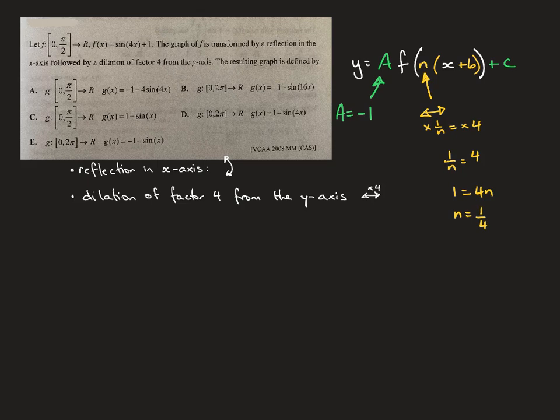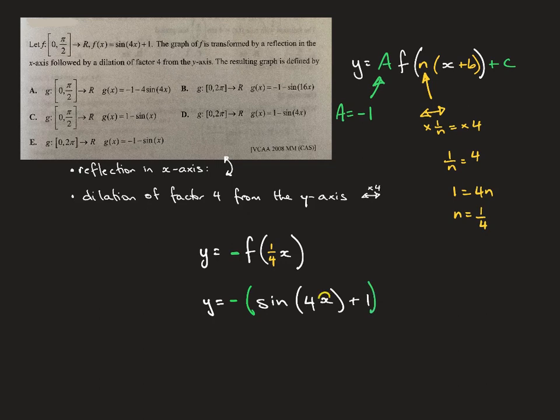And so what that means for our function is that the whole of the function becomes negative. So it's going to be negative the whole lot of sine of 4x plus 1. It's going to be negative the whole lot of that function.